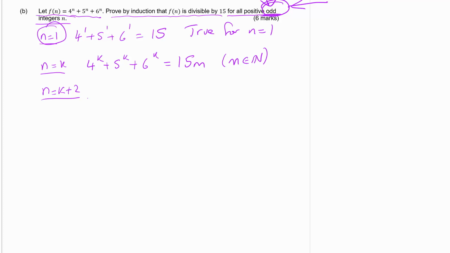So we get 4 to the k plus 2 plus 5 to the k plus 2 plus 6 to the k plus 2. Using our knowledge of indices, that's 4 squared times 4 to the k plus 5 squared times 5 to the k plus 6 squared times 6 to the k.